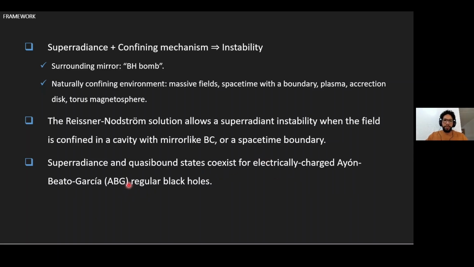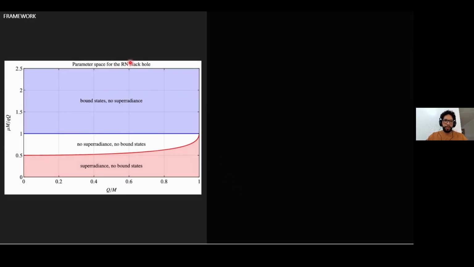In the case of ABG black holes, we have obtained that superradiance and quasibound states coexist in the same region of the parameter space, as I will show later. Here we have the parameter space for Reissner-Nordström black holes divided into three distinct portions. Here we have bound states but no superradiance, and here we have neither superradiance nor bound states. Here we have superradiance but no bound states.